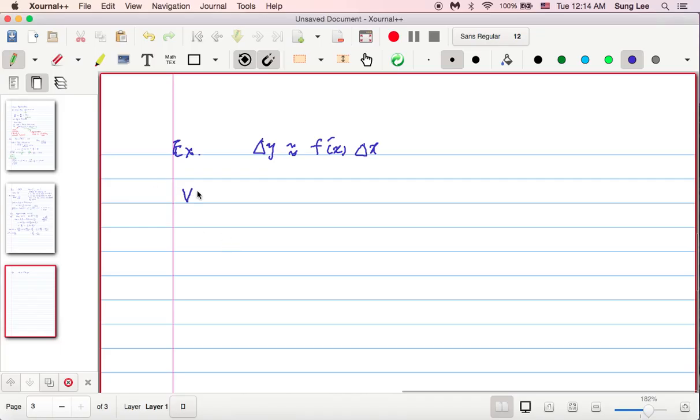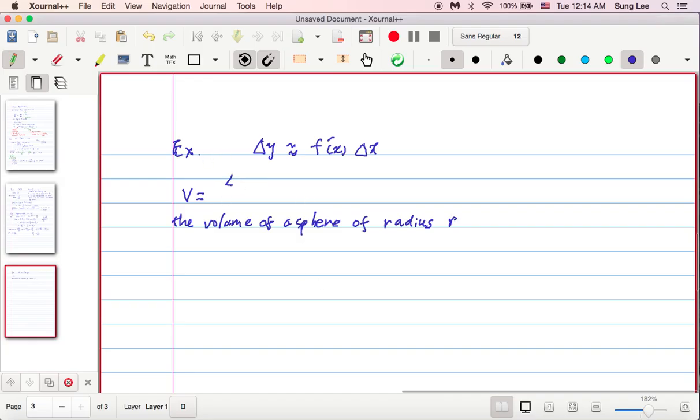So let's call it V. This is the volume of a sphere of radius r.